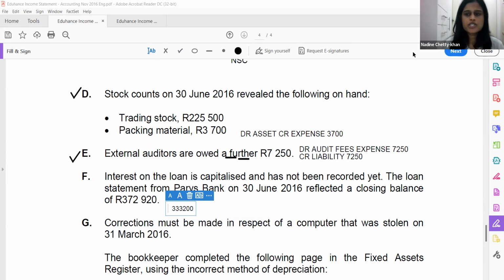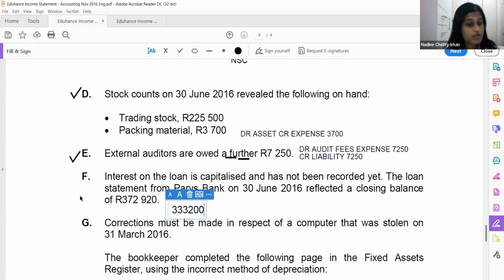Okay. So remember I said that there's many movements that can take the balance of 333,200 to the amount in the statement of 372,920. So that's why I left this adjustment, because maybe there were payments, maybe you raised more loan from Paris Bank. So we don't know that the total difference is from interest only. But I've worked through all the other adjustments.